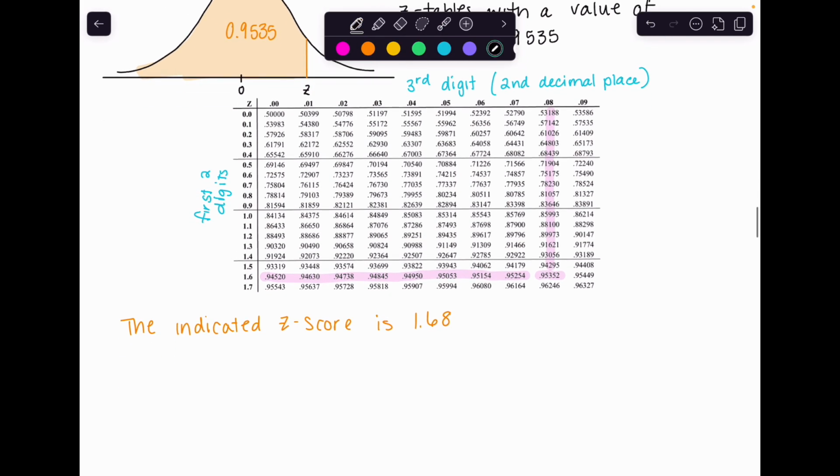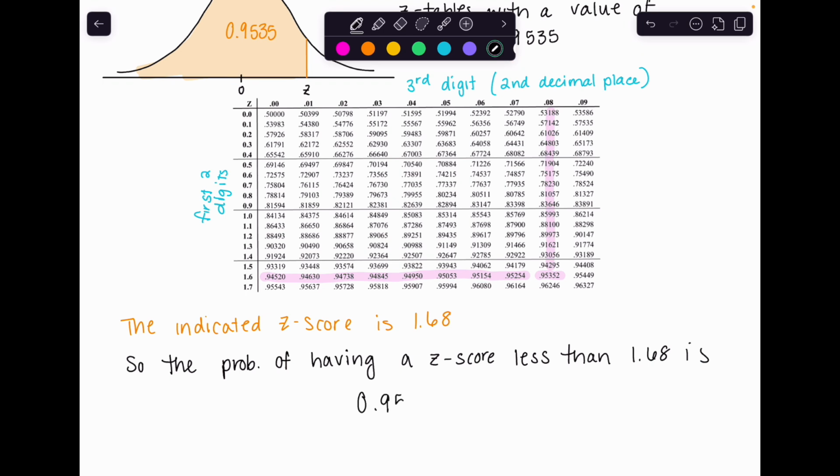So ultimately, the probability of having a z-score less than 1.68 is exactly this, 0.9535.